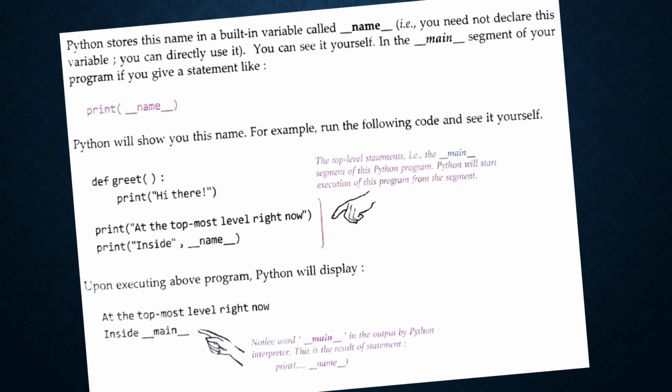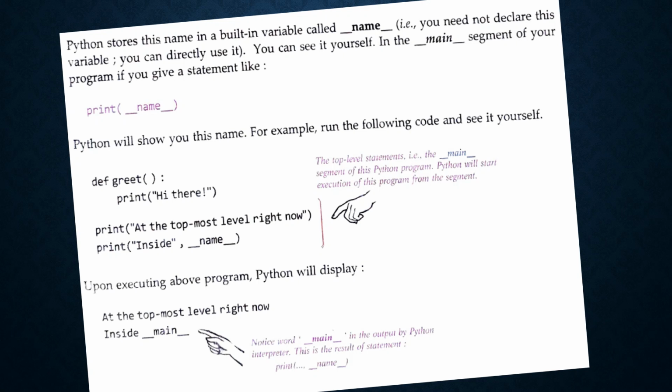You need not declare this variable, you can directly use it. You can see it yourself in the main segment of your program if you give a statement like print(__name__). See this statement. In this program segment, def greet(): then print hi there.